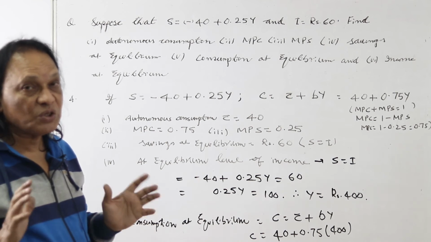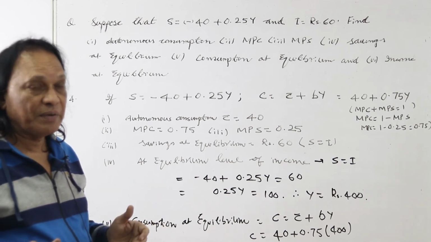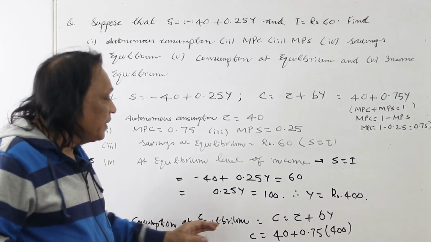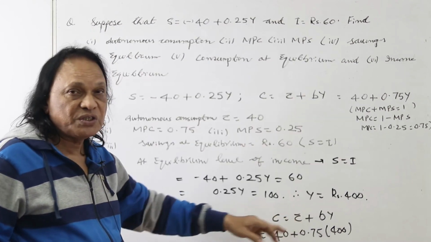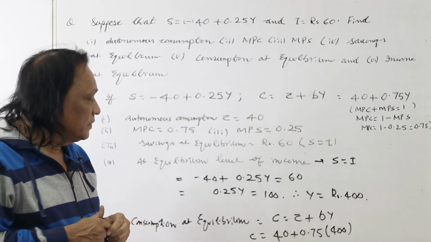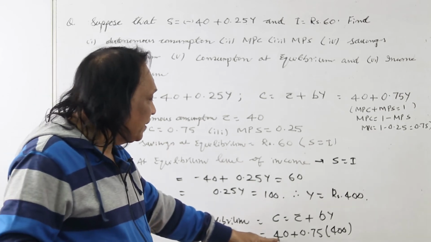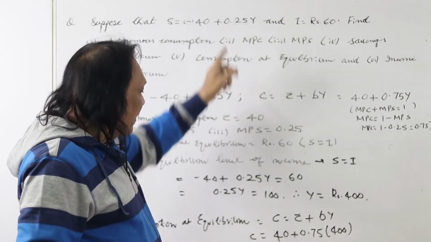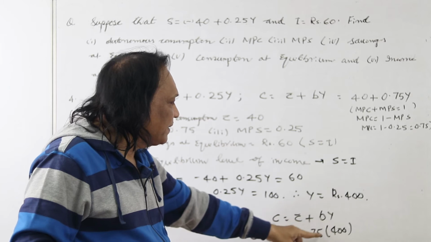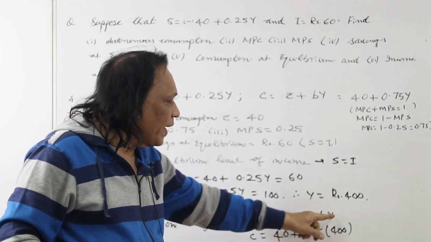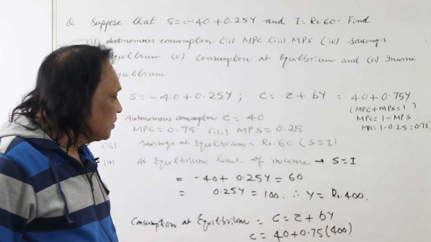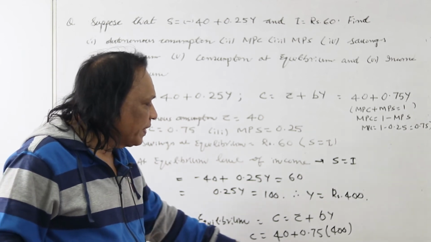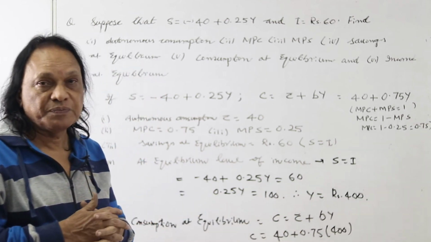And let's find out the last one, consumption at equilibrium level of income. C stands for consumption. We know the equation C bar plus BY. C is equal to 40, we got it from here, plus 0.75y, that is MPC, into y, which we just found out is 400, so ultimately it will become 40 plus 300, it becomes 340.